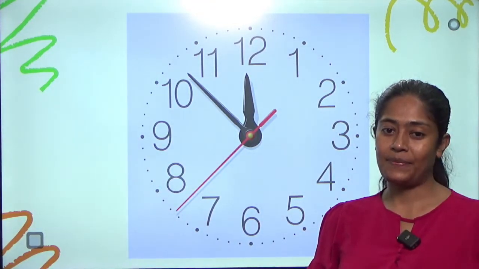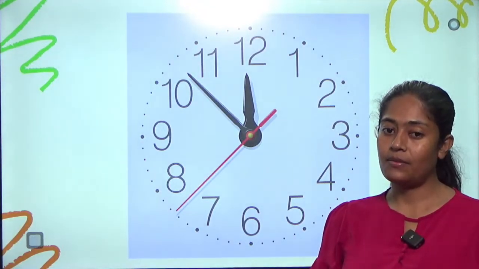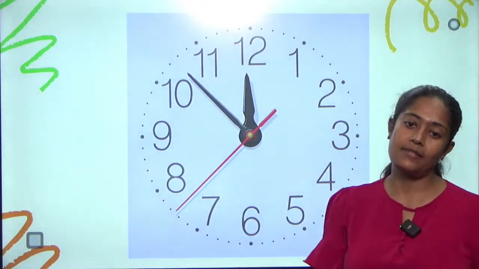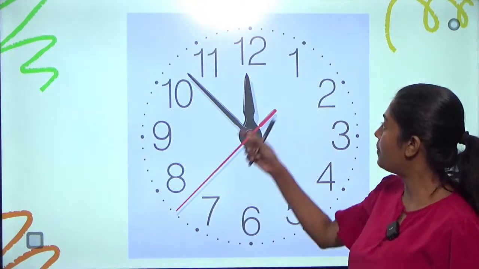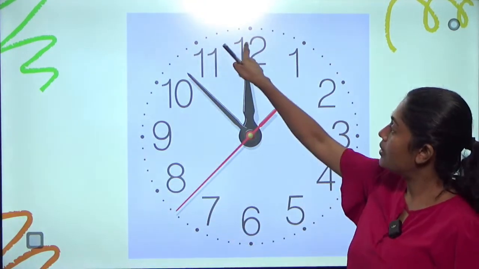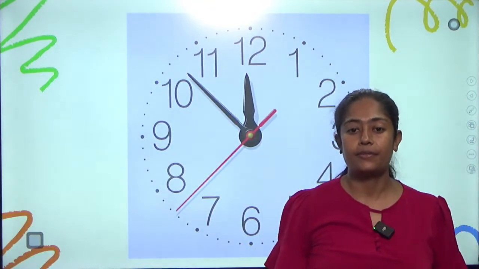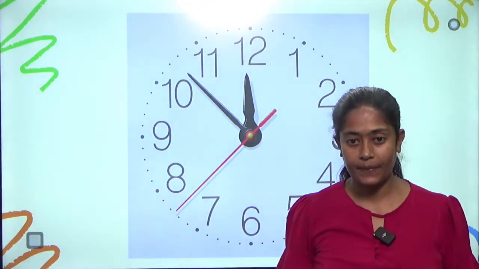What is this? A clock face is there, no? What are the things you can identify in a clock face? There are numbers from 1 to 12. Then what are the other things you can identify? The hands. How many hands are there? 3 hands.